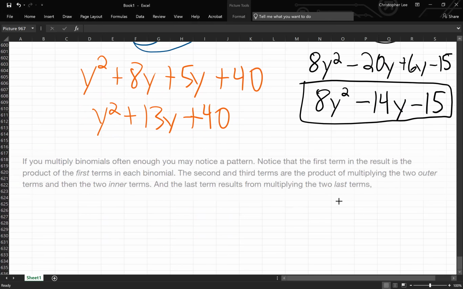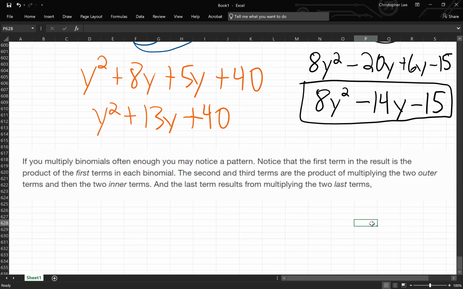So if you multiply binomials often enough, you may notice a pattern, right? Notice that the first term in the result is the product of the first terms in each binomial, and the second and third terms are the product of multiplying the two outer terms and then the two inner terms.